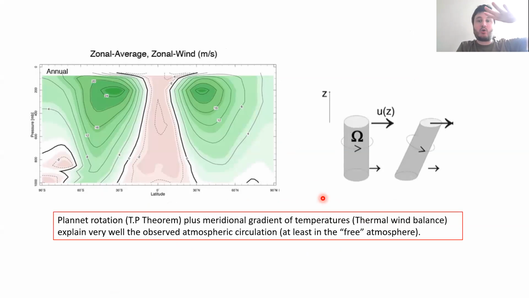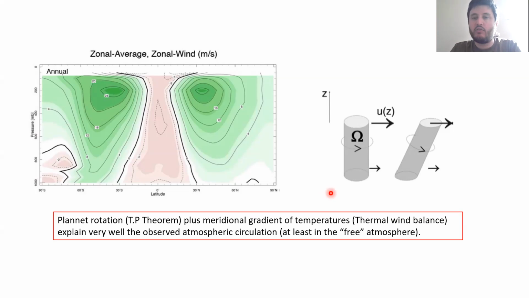But this rigidity is counteracted by the fact that the density is not only a function of pressure, but also a function of temperature. And on our planet, we have differential heating, so the equator is warmer than the poles. So we have two ingredients, two big constraints on the large scale flow: the constraint due to the planet rotation and meridional temperature gradients.